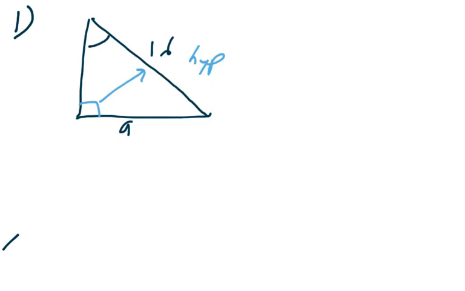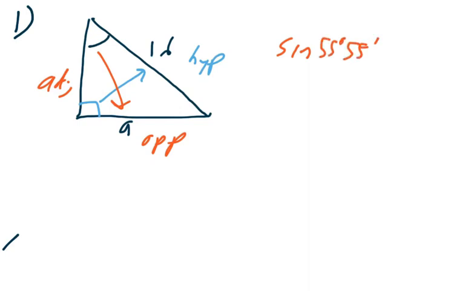And this is the opposite, and I don't care about the adjacent over here, so we're going to use the one that has the opposite and the hypotenuse. So I'm going to say the sine of 55 degrees 55 minutes is equal to A over 16.